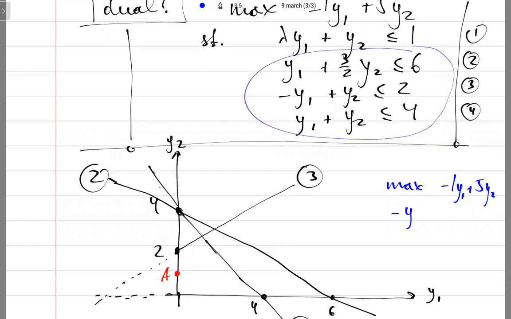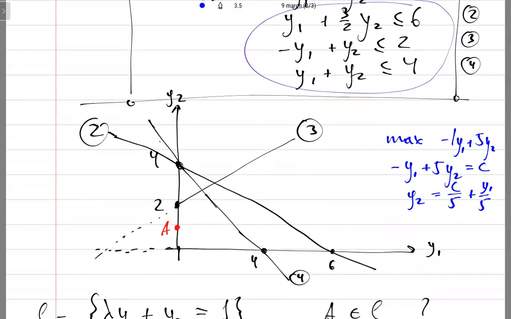If I make a level curve for this goal function, it will be y2 equals c over 5 plus y1 over 5. So it is a very small positive slope. I will move it up and down by correcting c. Any questions up to now?